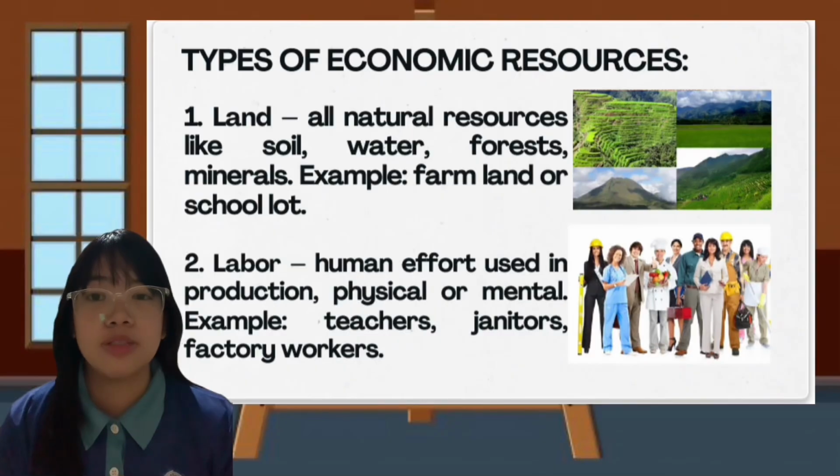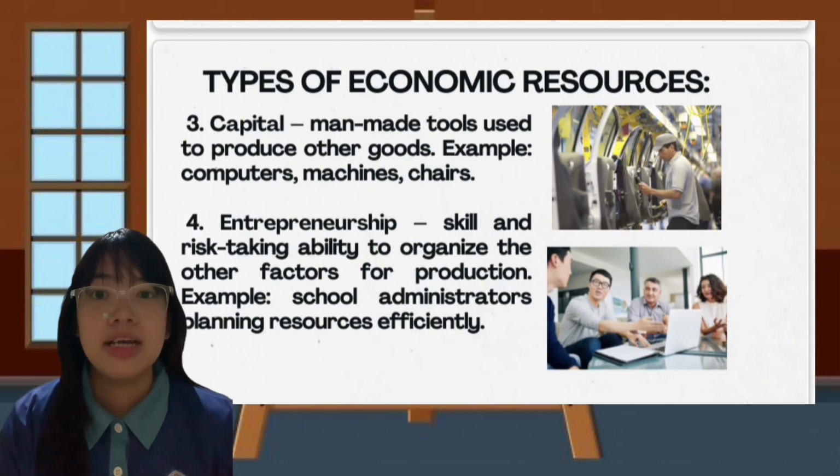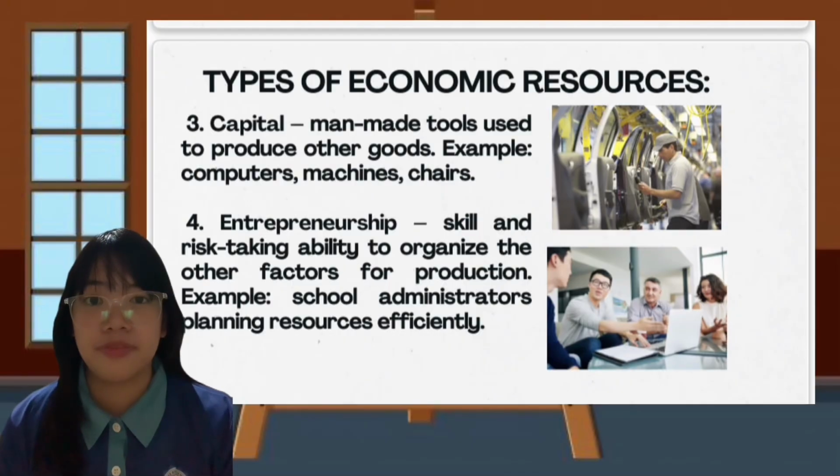Labor includes all human efforts, whether physical or mental. Capital refers to tools and equipment used to produce goods, not money itself. And last is entrepreneurship. It is the ability to organize the other factors, take risks, and make decisions. These resources work together to produce goods and services. Without one factor, production becomes difficult or inefficient.